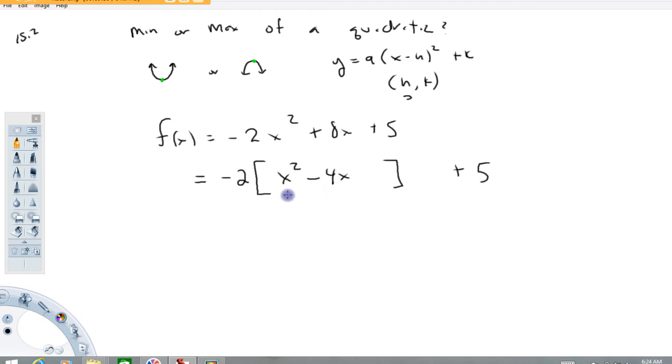Then we start working in here, and we've got to complete the square on this. We look here, and we see a -4. It doesn't really matter if you include the minus sign when you complete the square, because when you square it's positive. If I take -4, cut it in half, you get -2, square it, that's 4, so let's go plus 4.